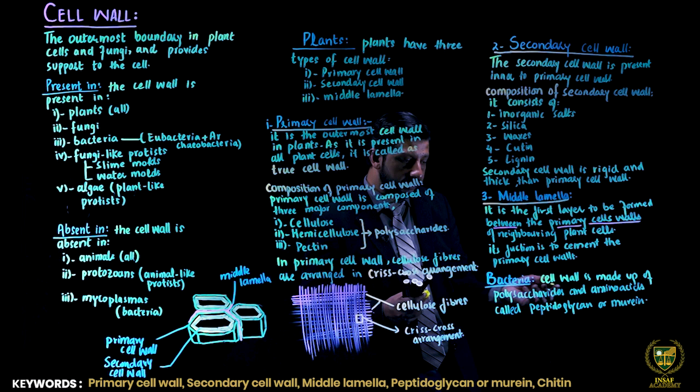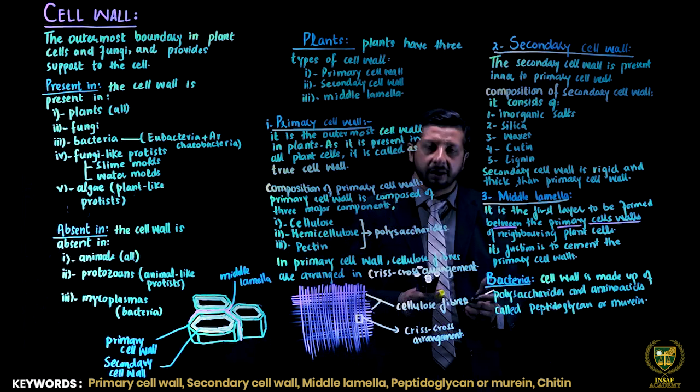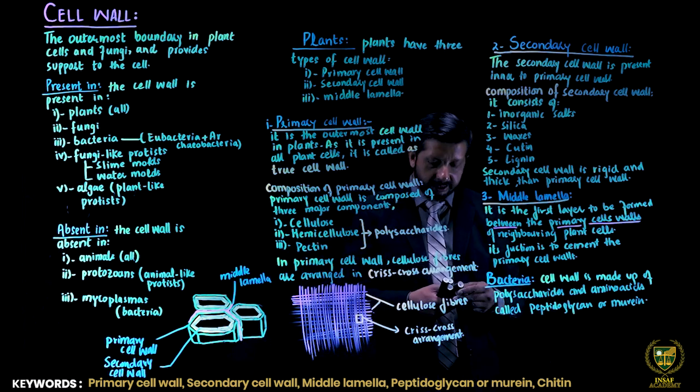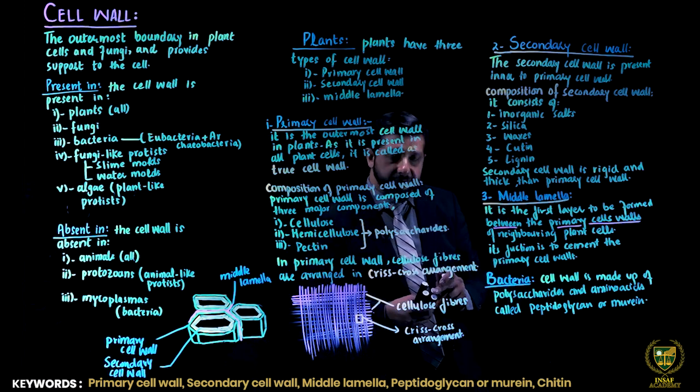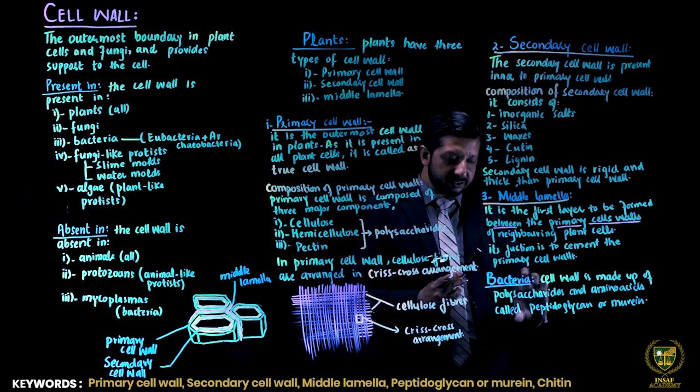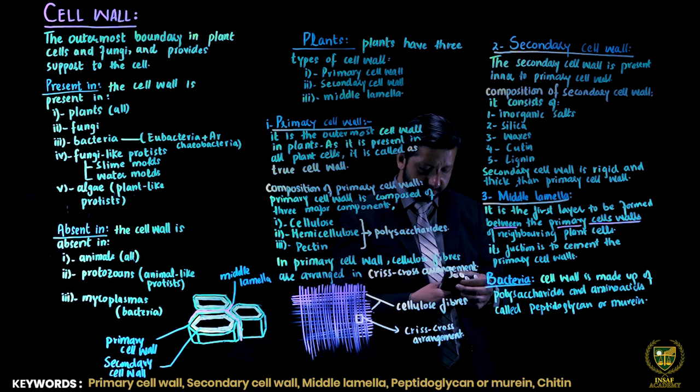Clear? It's also other name is murine. Peptidoglycan इसे कहते हैं या murine कहते हैं। इस चैप्टर के लास्ट टॉपिक में जो डिफरेंसेस हैं बिटवीन प्रोकैरियोट्स एंड यूकैरियोट्स में इसकी सेल वॉल डिटेल के साथ डिस्कस होगी। Clear?